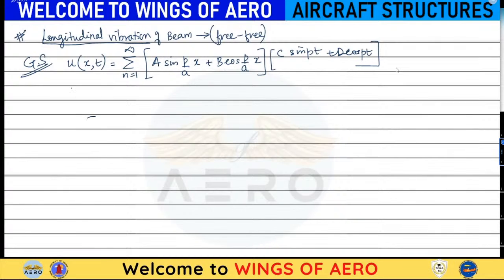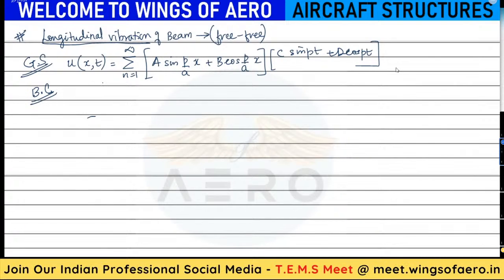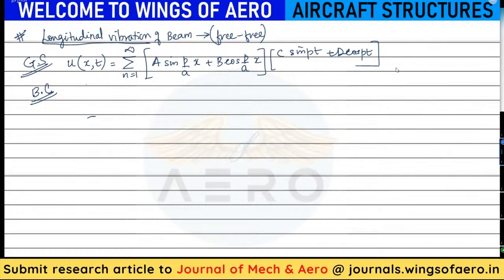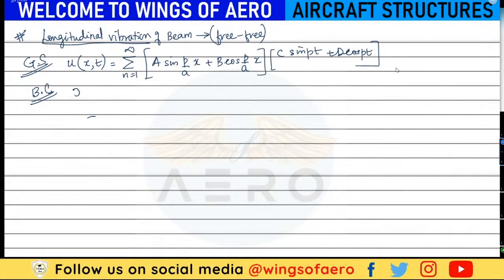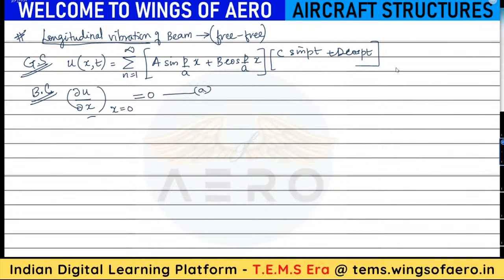Now, the next step is to remember the boundary conditions. For the free conditions, when both the ends are free, no strain will be acting on both the ends. So we have seen dou u by dou x when x is equal to 0 is 0. That is the first condition.